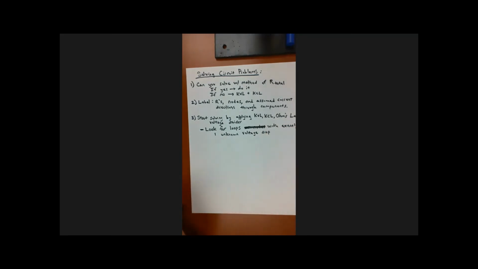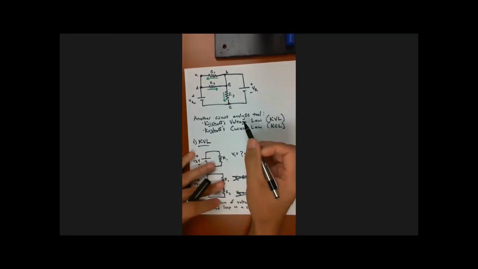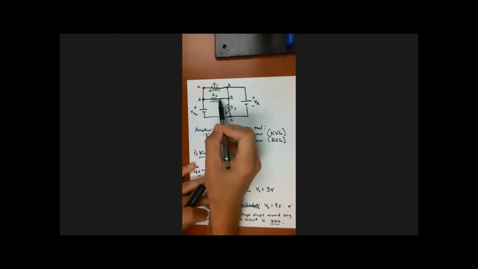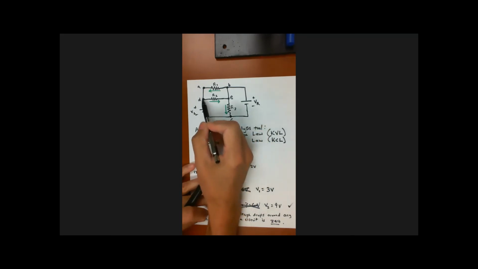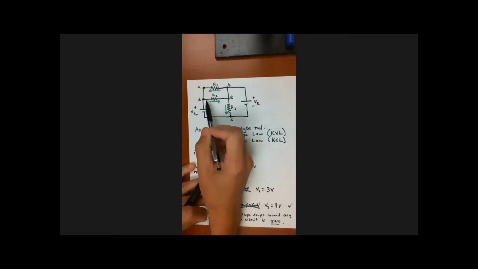What I mean by that is, here's my example. If I knew what V sub L was, and I knew what V2 was, then I would look at this loop and say, that is a good thing, because I can write a KVL equation around this loop and I can solve it because I have only one unknown, and that would be V3.